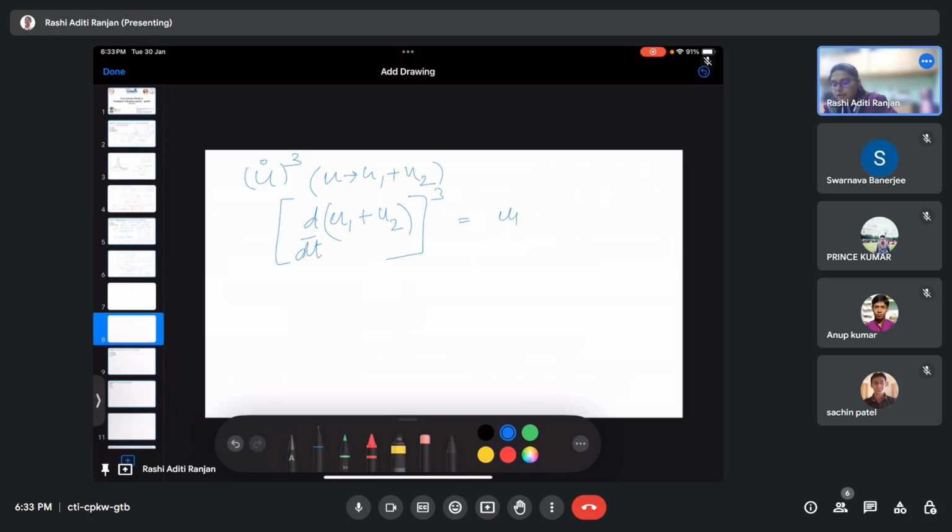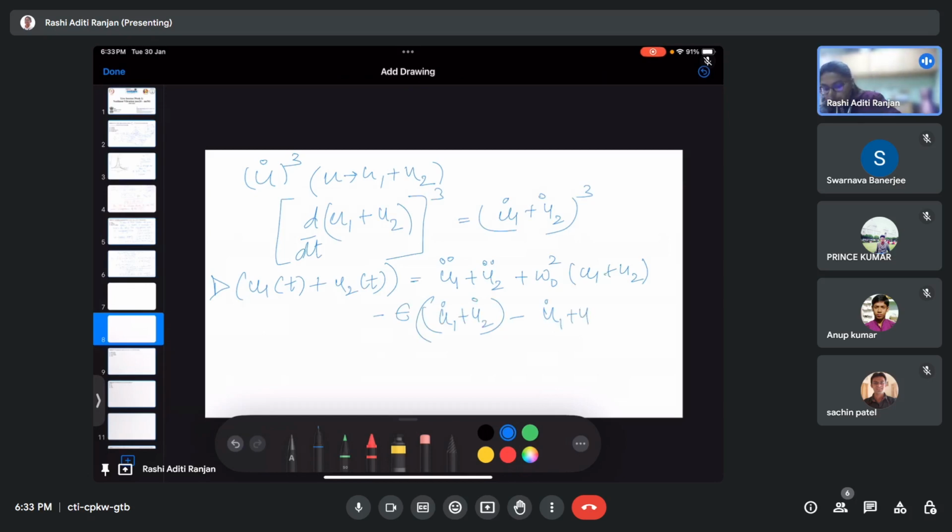This would result in u1 dot plus u2 dot cube. And here is where the issue will come. So from here we'll get that d of u1(t) plus u2(t) would give me u1 double dot plus u2 double dot, omega naught square u1 plus u2, minus epsilon u1 dot plus u2 dot, but here it will be u1 dot plus u2 dot whole cube.